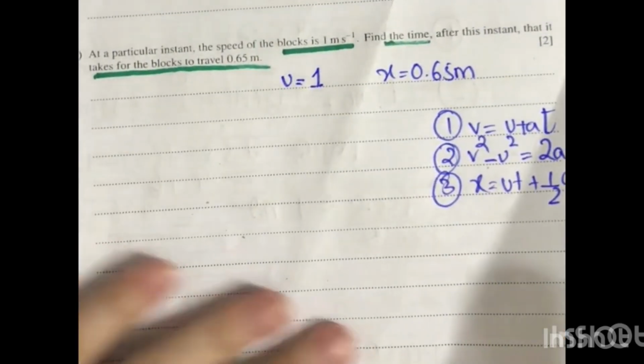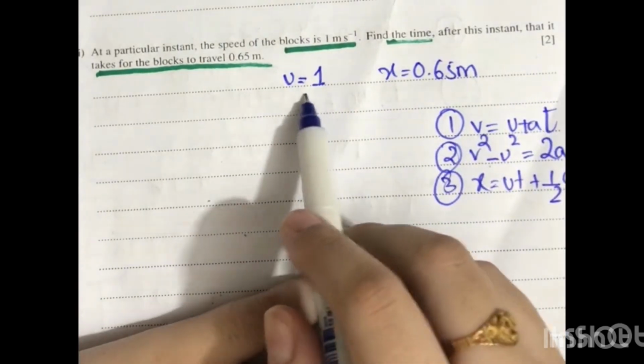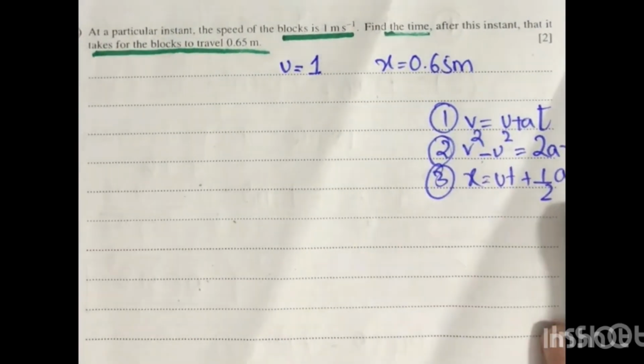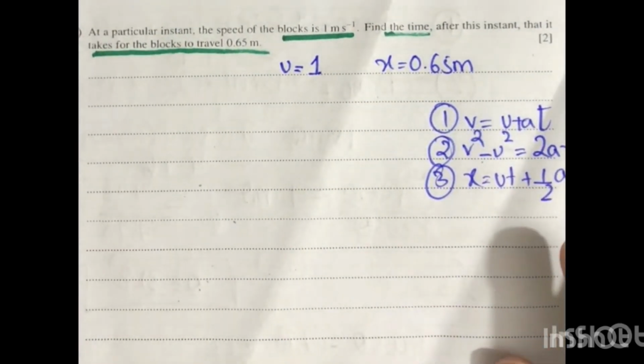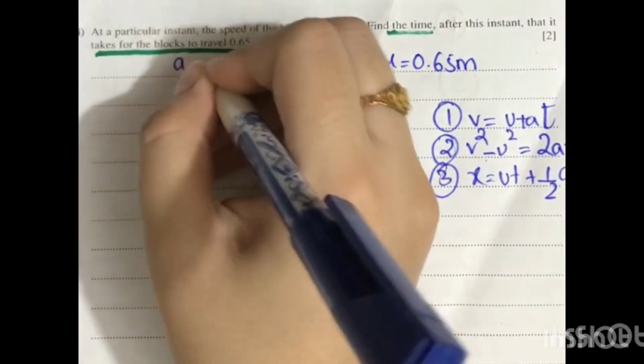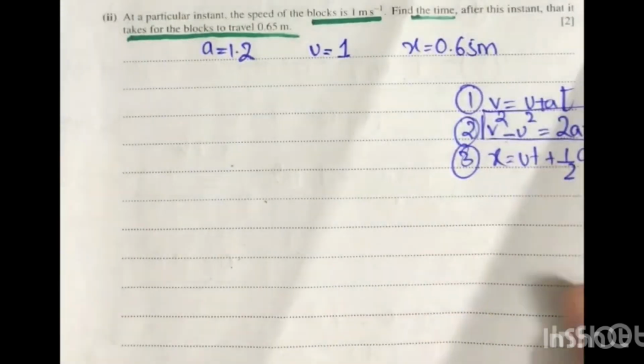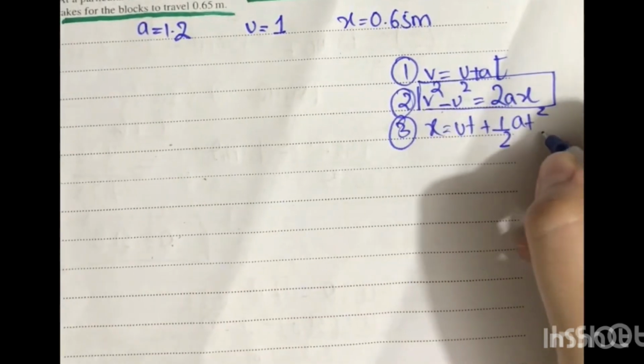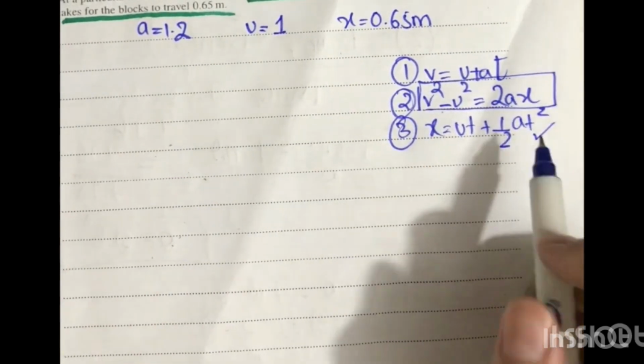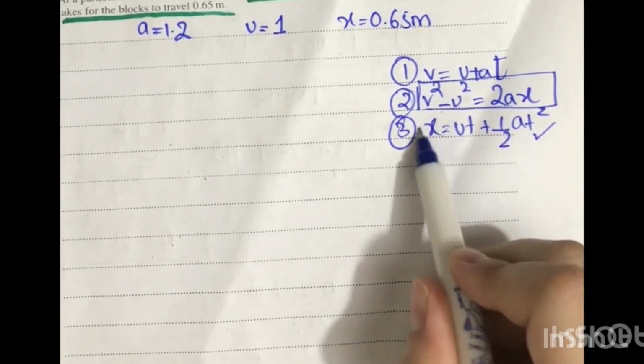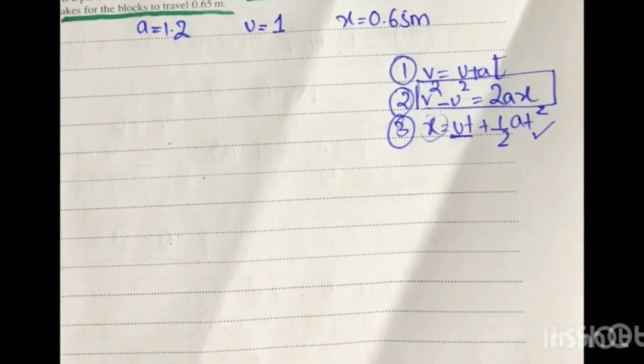So we need the time, and in the previous part we found the acceleration of the blocks. So the acceleration was 1.2. So we can see that the third formula is the most appropriate, since we have the acceleration, the distance traveled, as well as the initial speed.